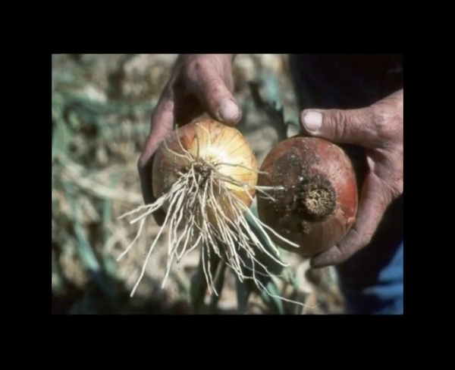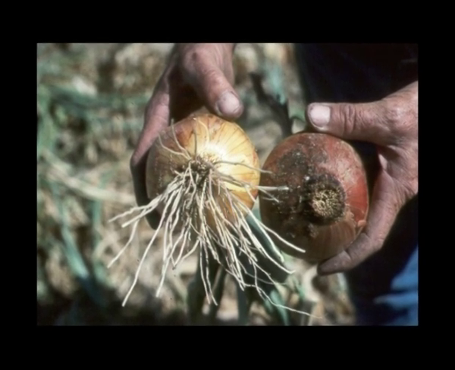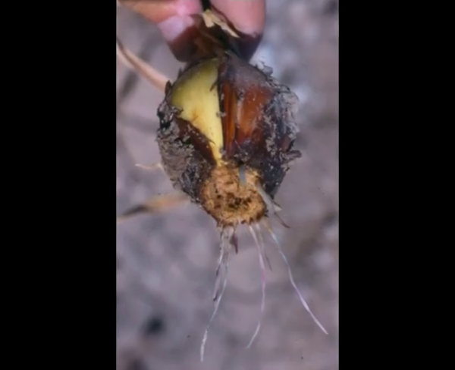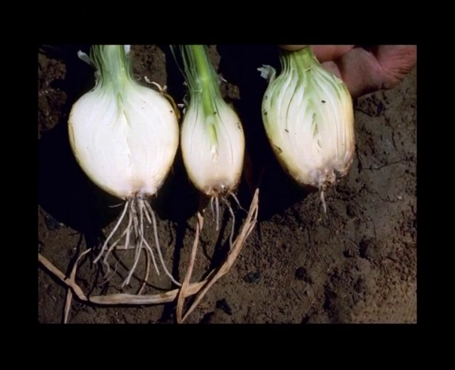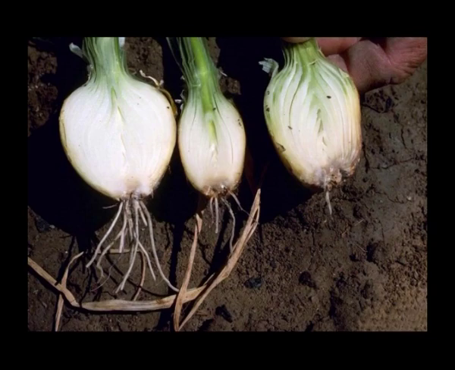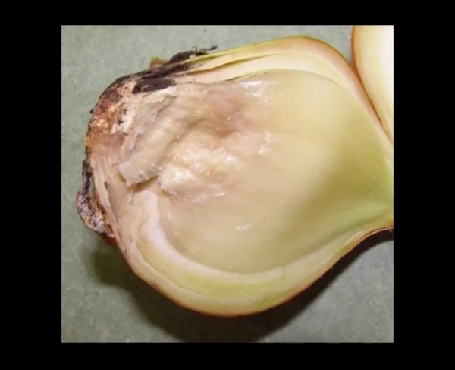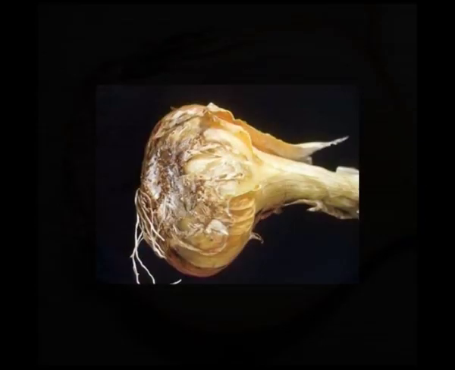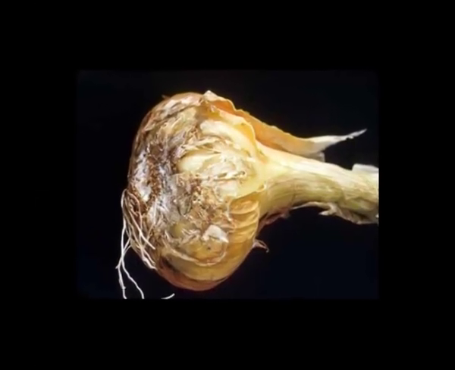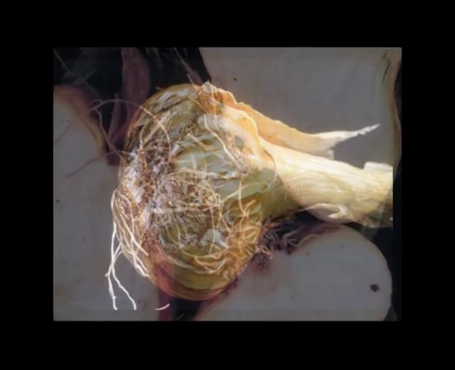Infected roots are dark brown, flattened, transparent and sometimes hollow. When affected bulbs are cut vertically, they show a watery brown discoloration of the outermost layer of the stem plate, which may progress up through the storage leaves.